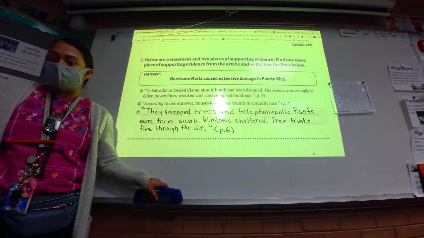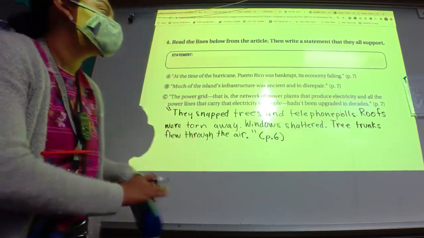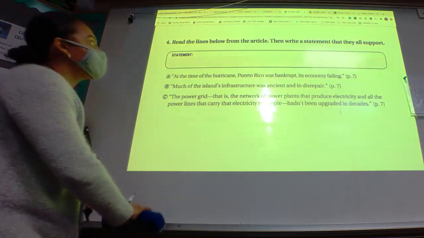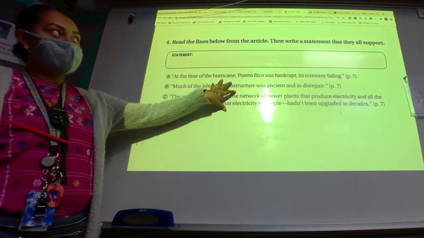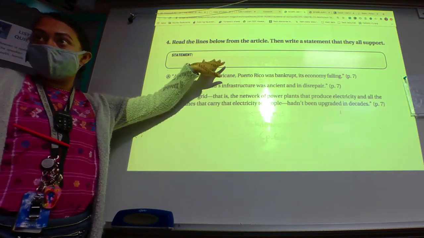Okay, number 4. Read the lines below from the article, then write a statement that they all support.